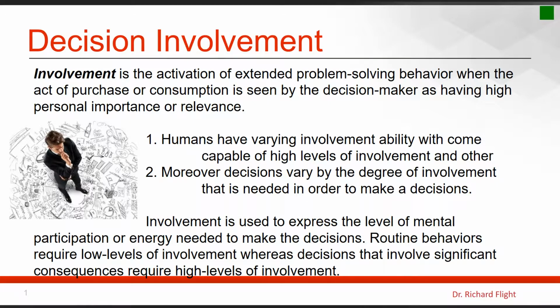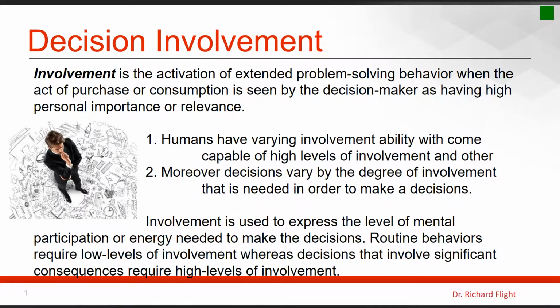Involvement is used to express the level of mental participation or energy that's needed to make a decision. Routine behaviors, as you can imagine, require very low levels of involvement, whereas decisions that are significant and have grave consequences, like buying an expensive product or making a decision that will alter your life, tend to require much higher levels of involvement.